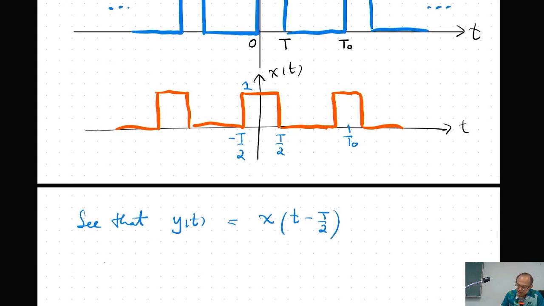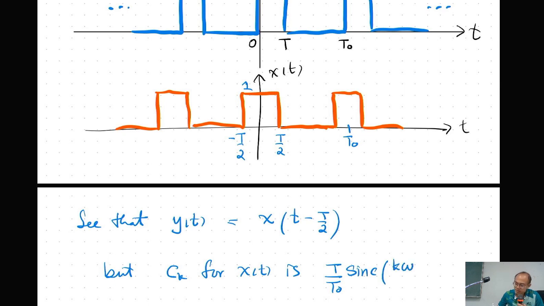But ck for x is what? I don't remember. Sorry. ck for x is T over t0 sinc of k omega 0 T over 2, right?